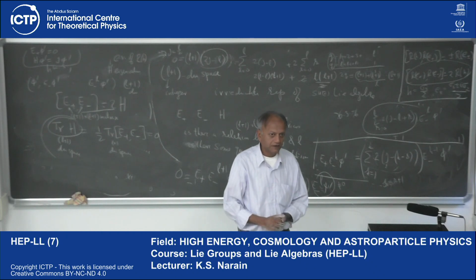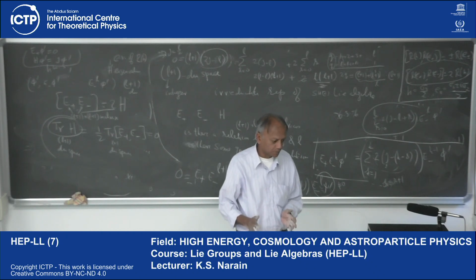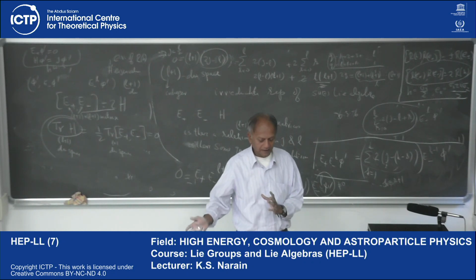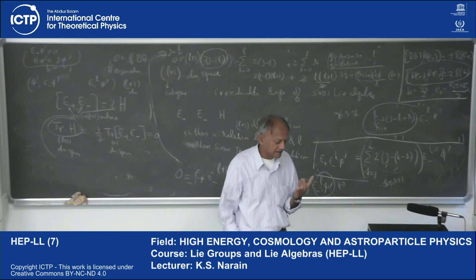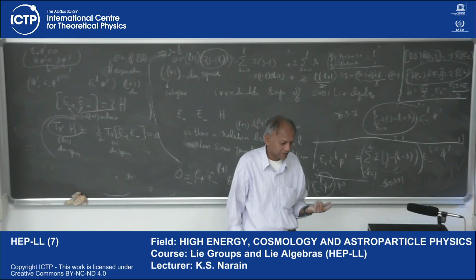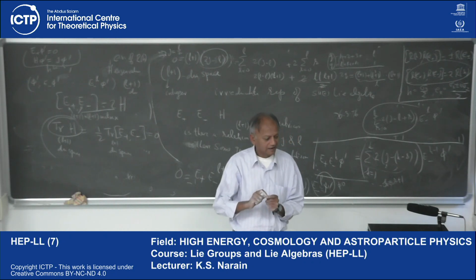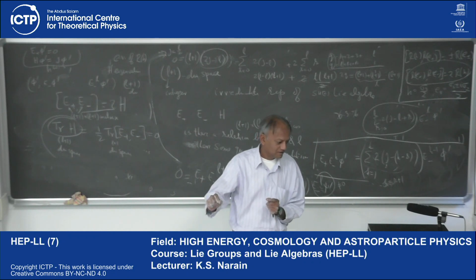So typically, when we discuss all these matrix algebras, matrix groups, there is a defining representation, right? And then there is an adjoint representation that comes for free, and there is one more representation which comes for free, which is the trivial representation, a one-dimensional representation where you just take all the generators and they act as zero.